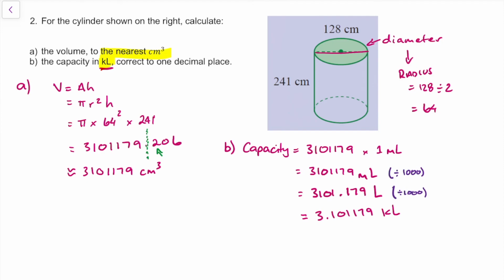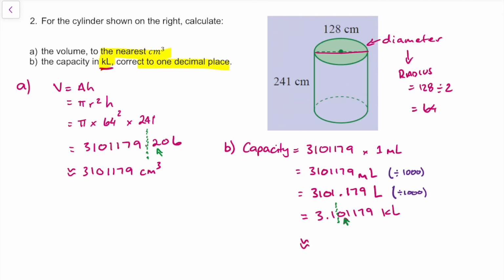But again, we're asked to one decimal place it. So let's go to that 1 decimal place. We can see there that the next number in the lot is the 0. That is in the 4 or below category.